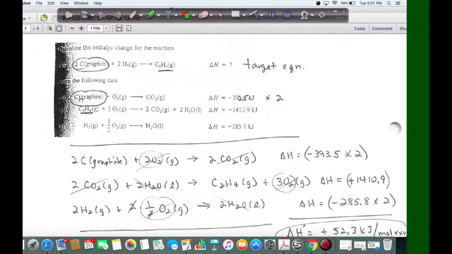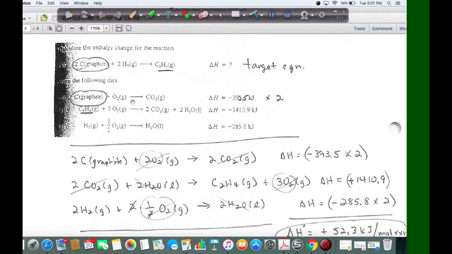And so to use this equation, I have to multiply every coefficient by 2, as well as my enthalpy change, which is negative 393.5. So I go down here and I multiply carbon as graphite by 2, I multiply the O2 by 2, I multiply CO2 by 2, and I multiply the negative 393.5 times 2. I can do that as long as everything gets multiplied by 2.